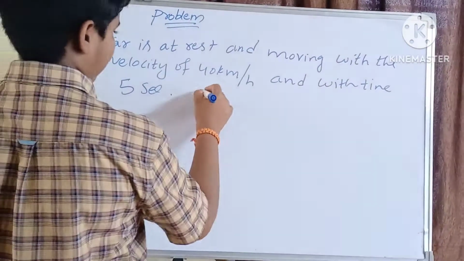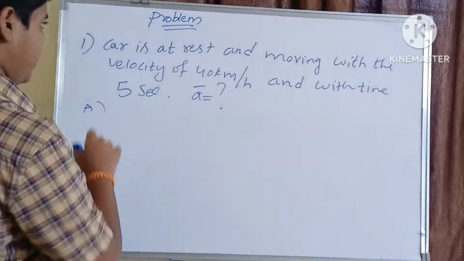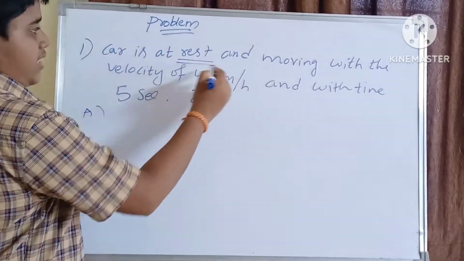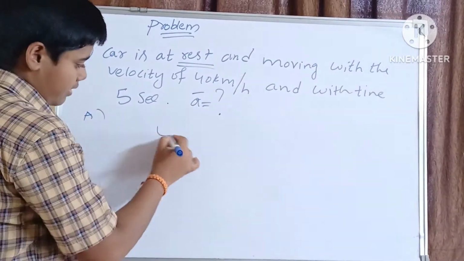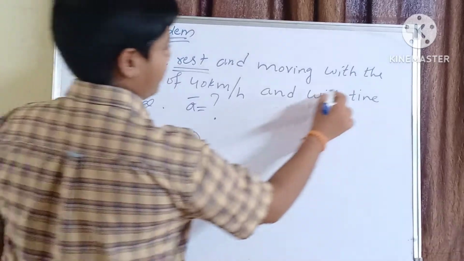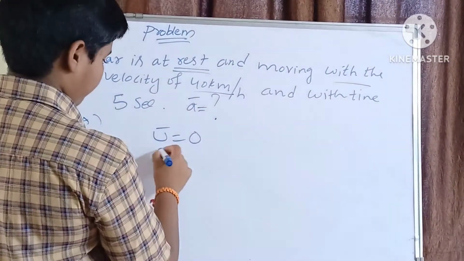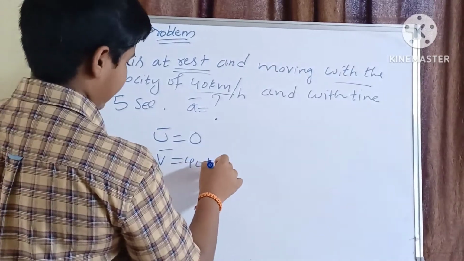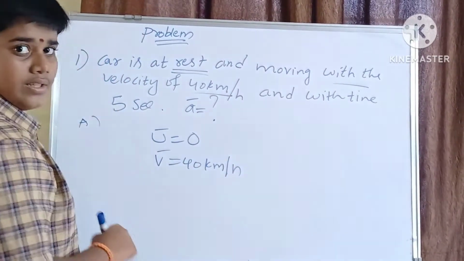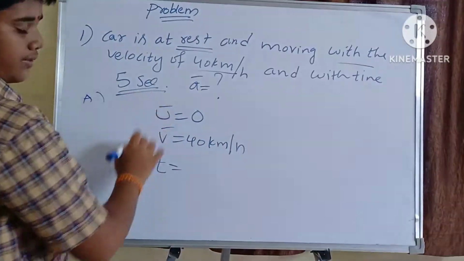Then acceleration will be? Here car is at rest. Rest means initial velocity is equal to 0 and moving with the velocity 40 km/h. So here final velocity is 40 km/h and time is 5 seconds.